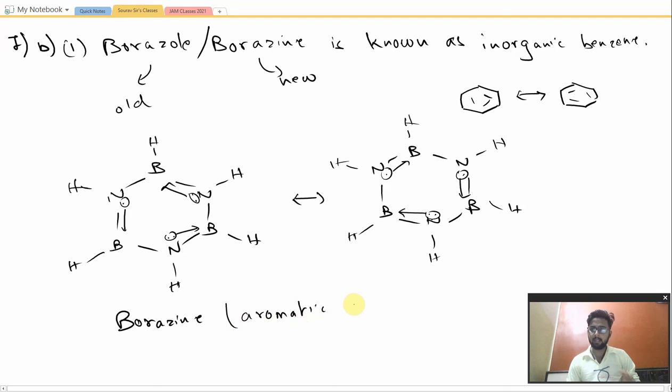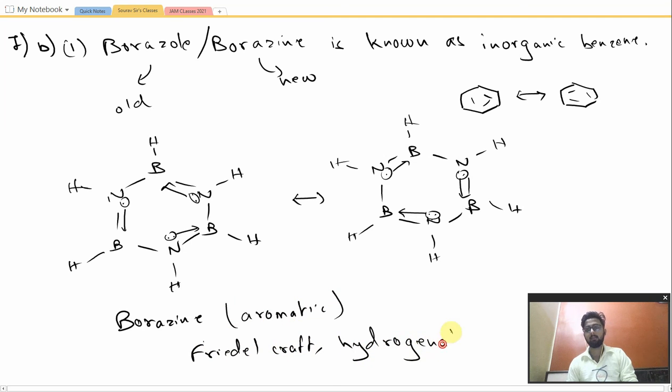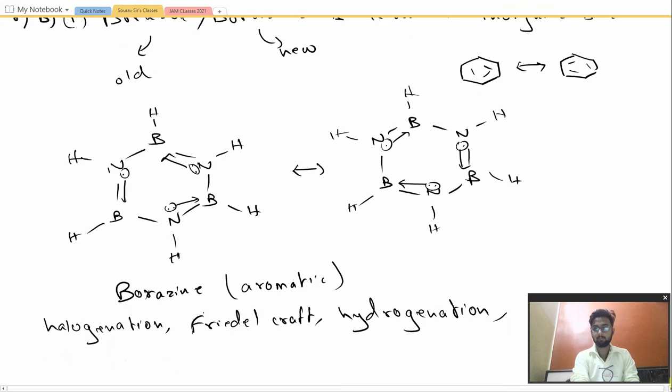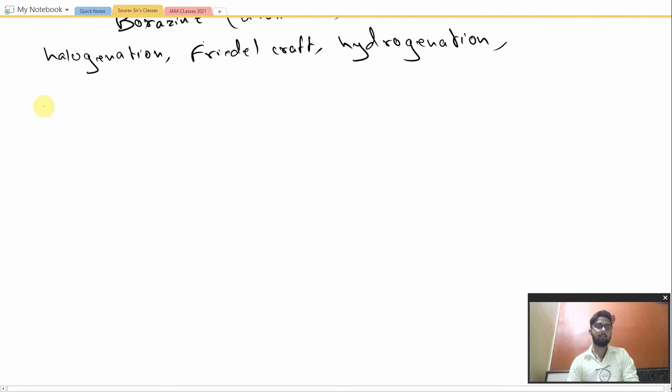Secondly, borazine also acts as an aromatic species, and undergoes almost all kinds of reactions that benzene undergoes. For example, Friedel-Crafts alkylation, hydrogenation, halogenation, and attack with Grignard reagent.